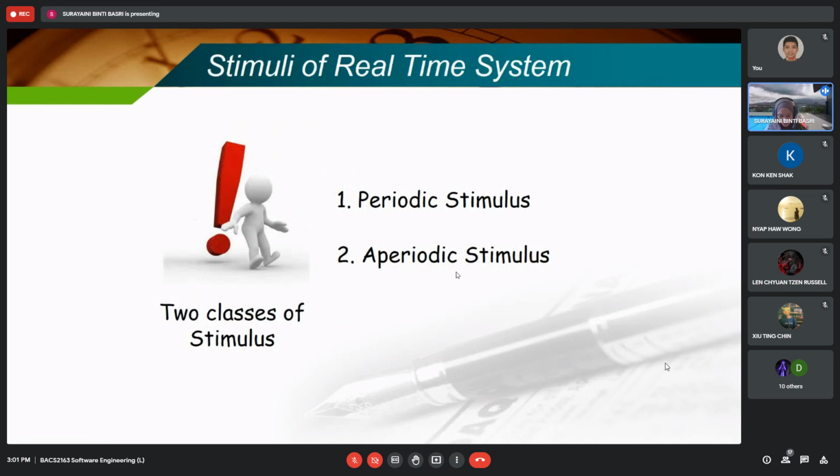For example, the system will examine a sensor every 50 minutes and take action or response depending on the stimulus. So the system will check the stimulus in the interval time, and it depends on the configuration.